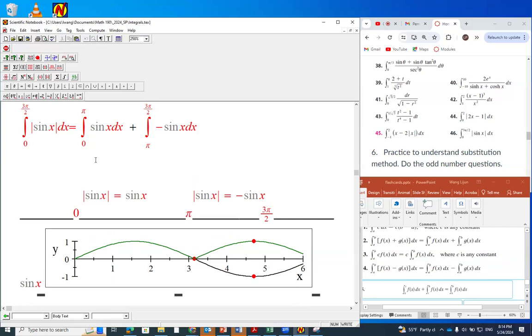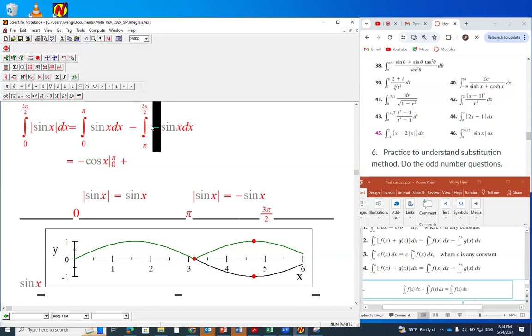Let's finish this question. The antiderivative of sine is negative cosine, and this is evaluated on the interval from 0 to pi. Plus, here I'm going to bring this negative sign outside, so this is just going to be minus.